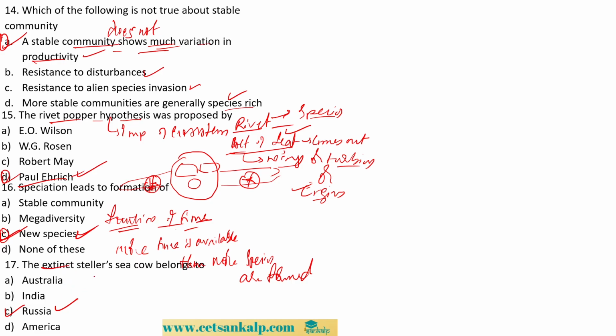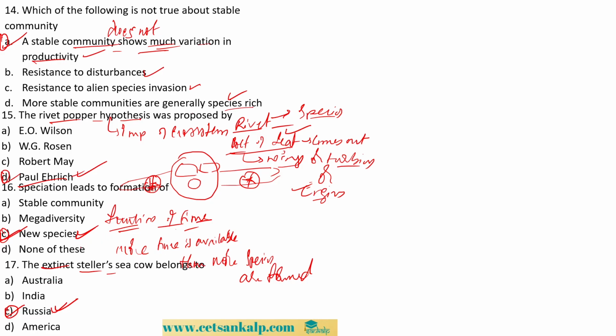Humans over exploited it for its meat and products, and they have gone into extinction, they were hunting it. Okay, and Steller's sea cow was mainly observed in the regions of Alaska and Russia. So the right answer over here is Russia.